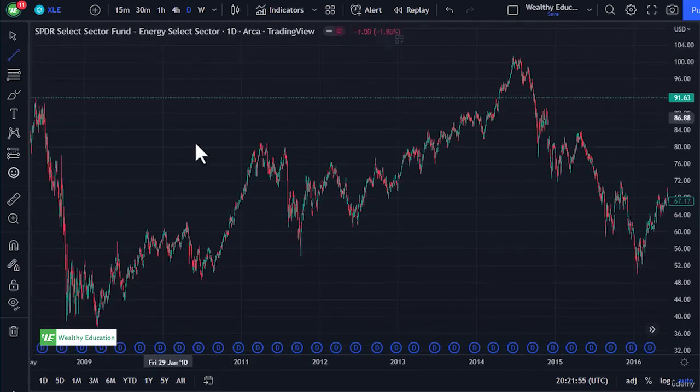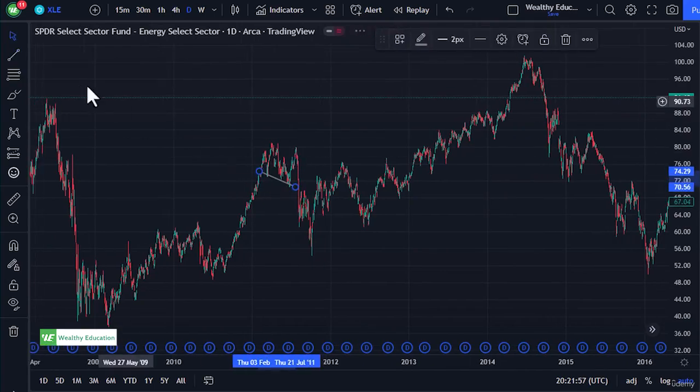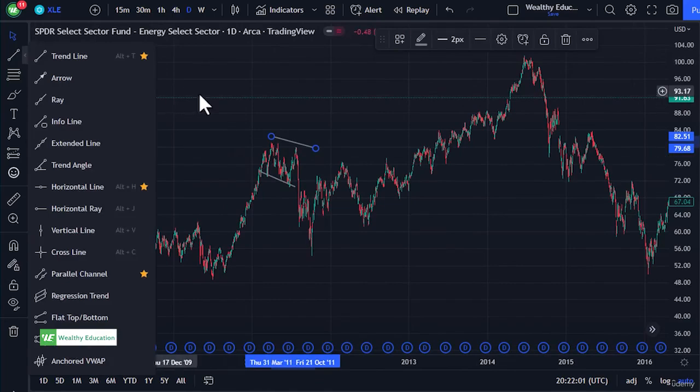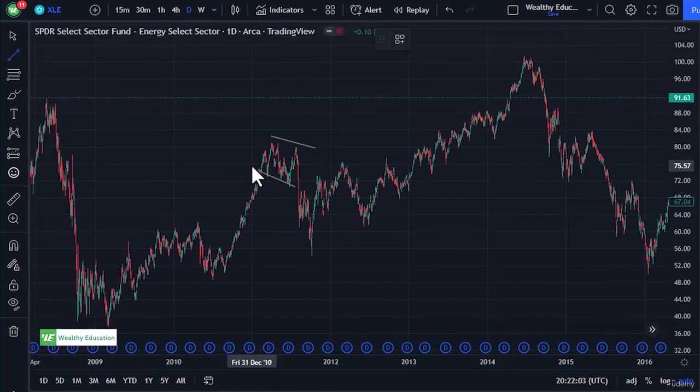You can see that there is a diamond pattern here. So again, it's a bearish diamond pattern because we had been in a major uptrend and broke through it. So by doing so, we broke all these lines, dropped right back down to support.